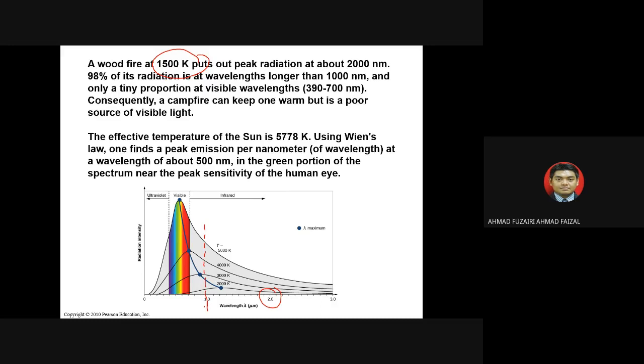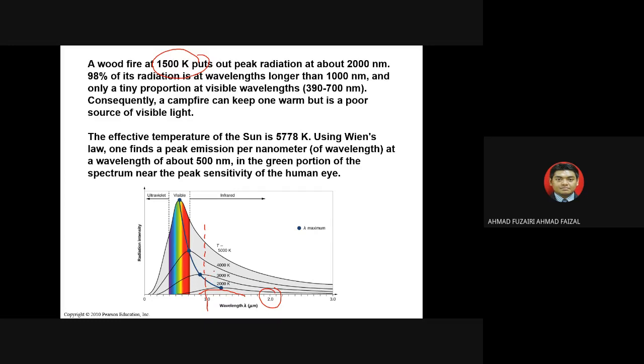Only a tiny portion is at visible wavelengths. Look at this side, there is a tiny portion at 1,500 because 1,500 is somewhere around here, lower than 2,000 Kelvin. 98% of its radiation is at infrared wavelengths.